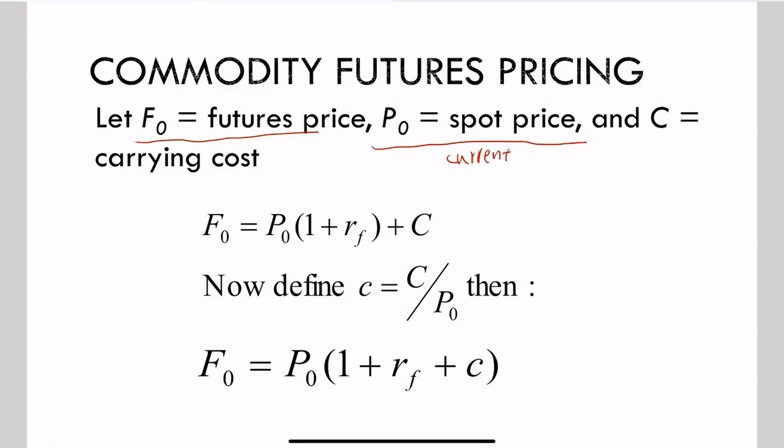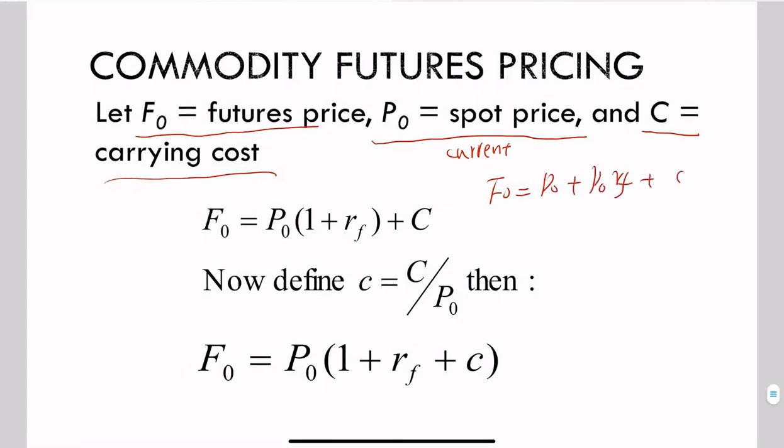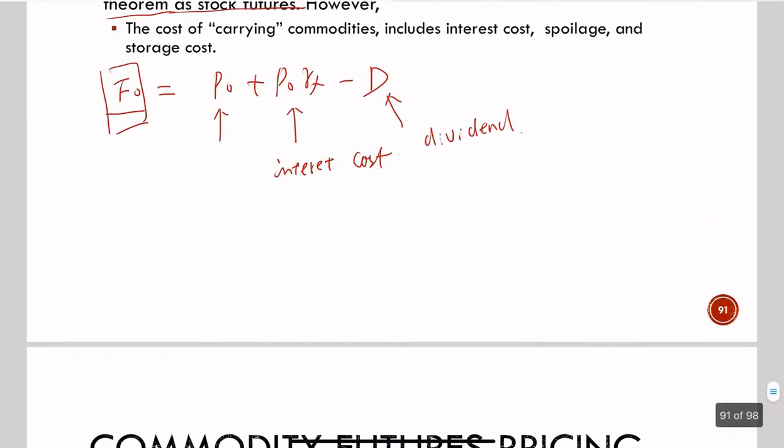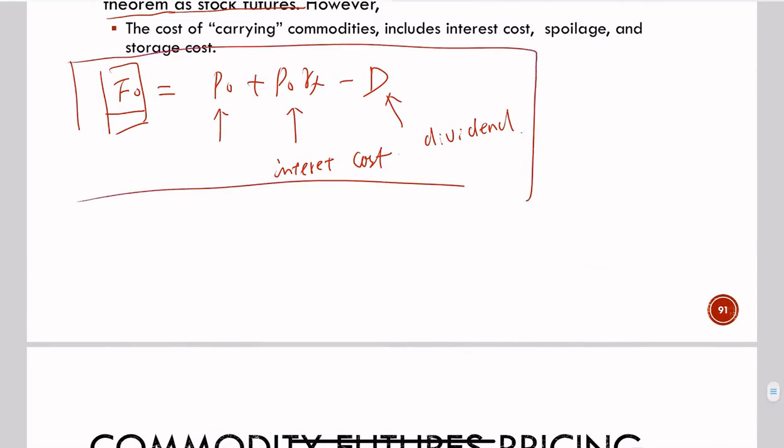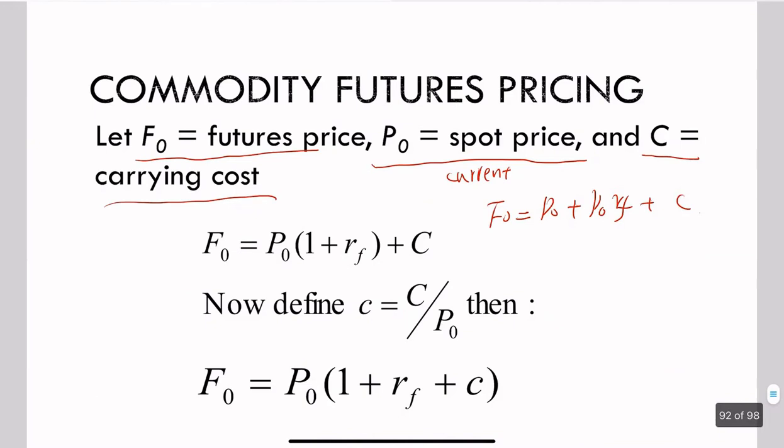And let's assume C is the carrying cost. And then you can see that again, using the cost of carry model, we could get the same idea. Right? So you can see that we don't have dividend here. But compared with the parity theorem on equity index futures, we have this additional C here.